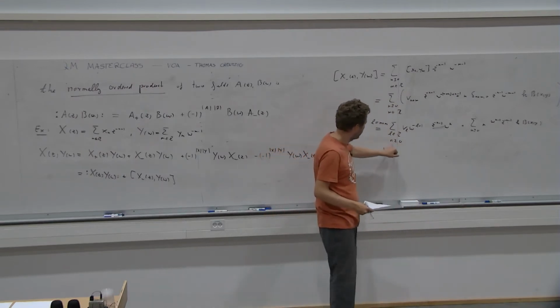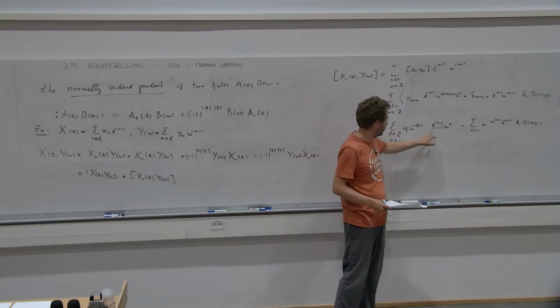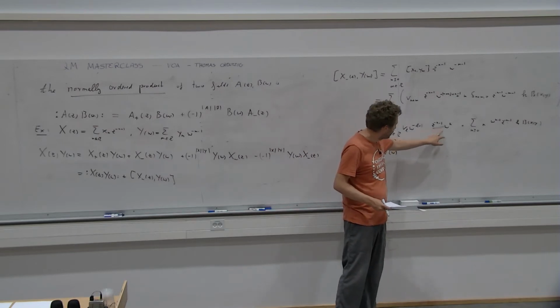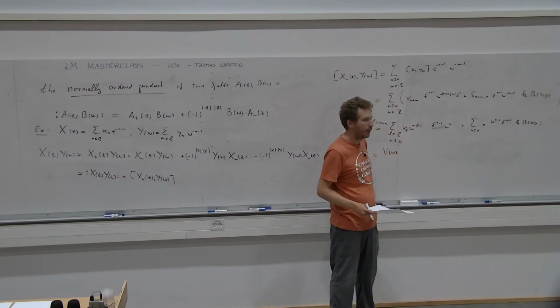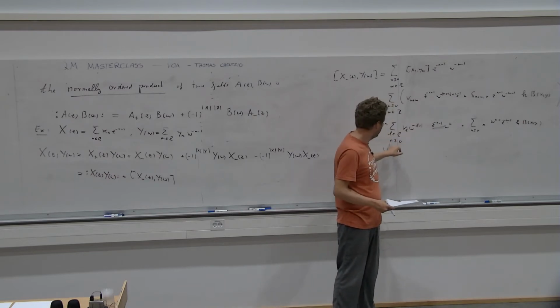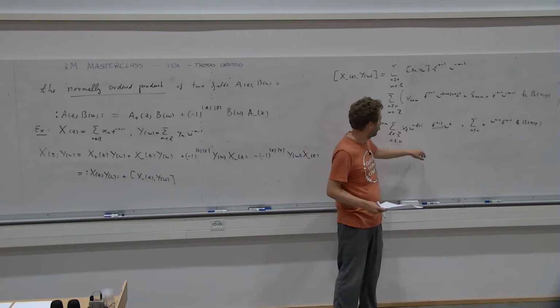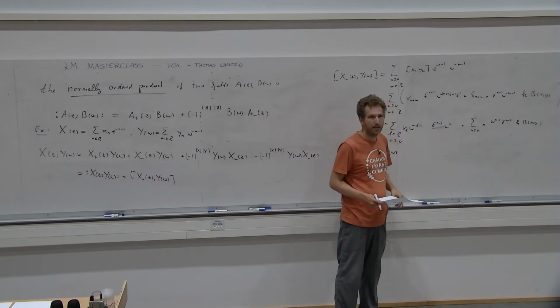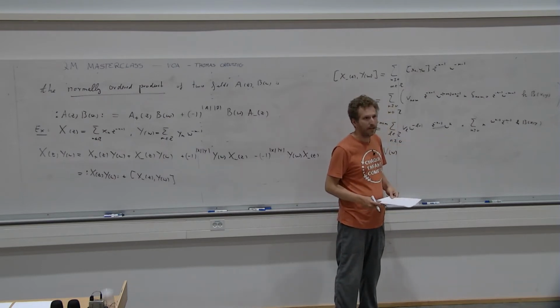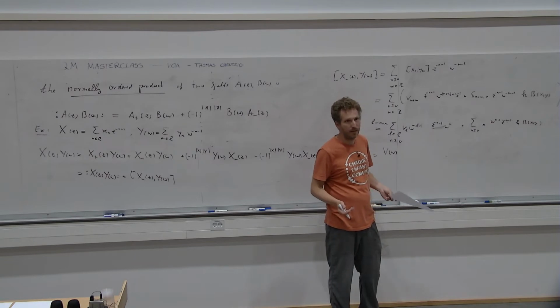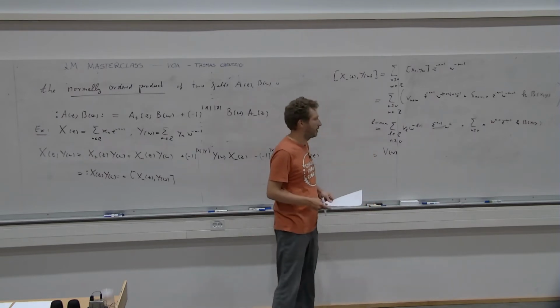And what is the sum over non-negative integers of (w over z) to the n times 1 over z? Well, what is the sum over n of (w over z) to the n? That's a geometric series and it converges if the absolute value of w over z is less than 1.